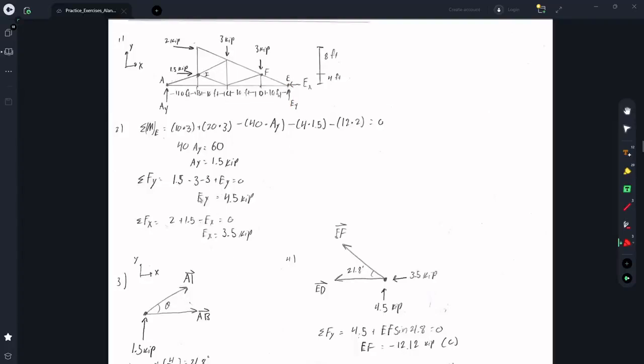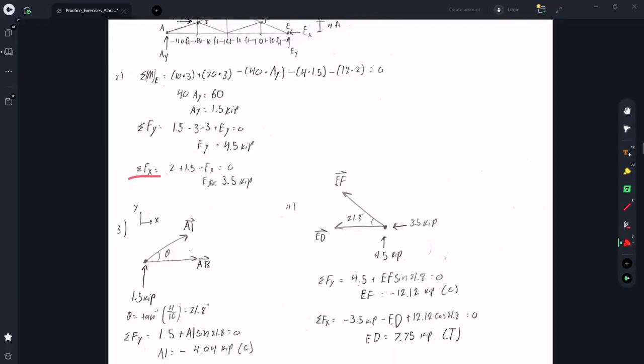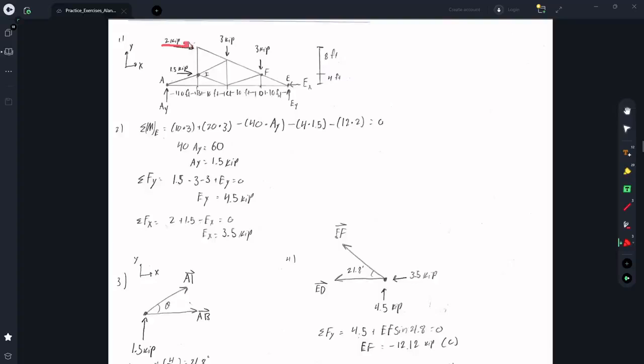So summing those together, we can solve for E sub y, which is 4.5 kilopounds. The last equation of equilibrium, the x direction, we have a 2 kilopound force, a 1.5 kilopound force, and then in the negative x direction, which we just defined arbitrarily, the support at E sub x. So solving for that, we can just get 3.5 kilopounds.